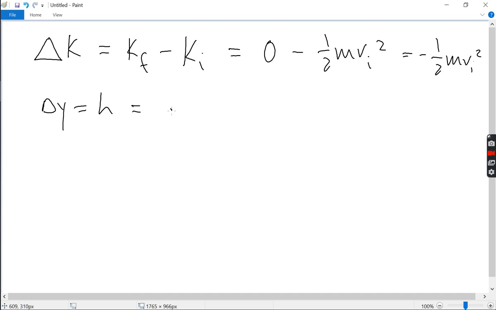So this height that we gain, you can get from trig, and so the gain in potential is the weight of the block multiplied by the height by which it increases.